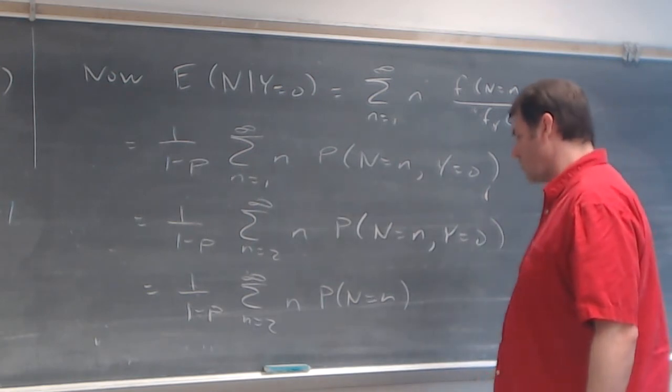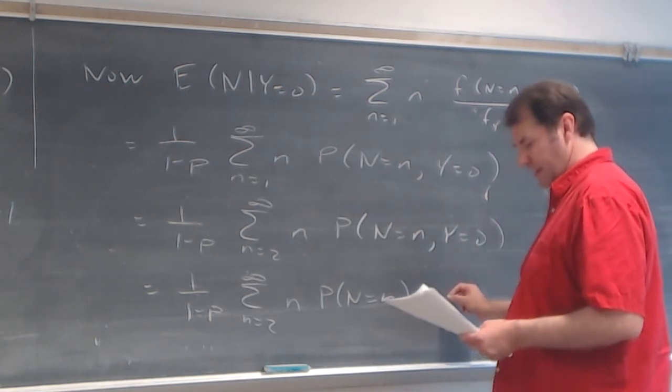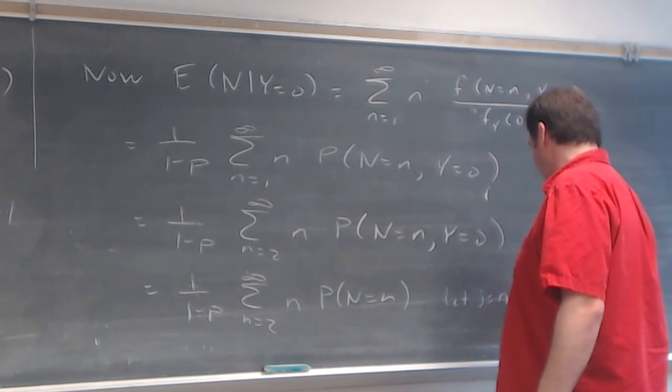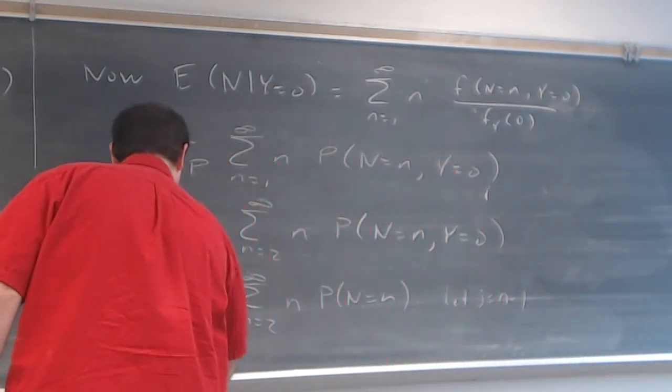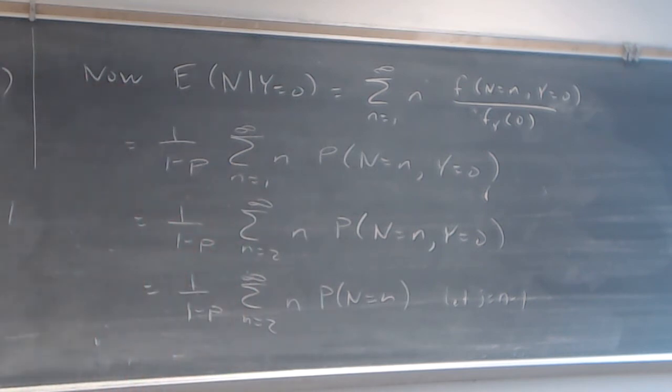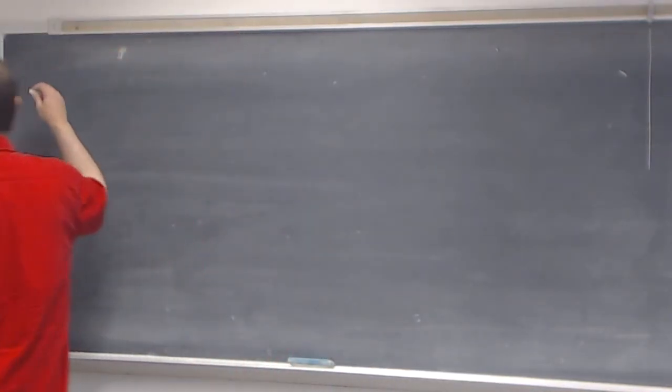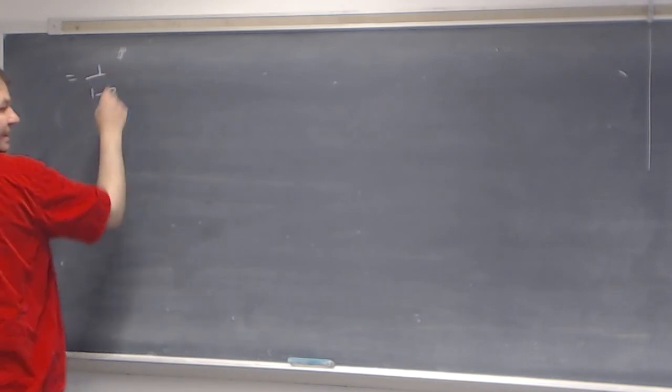Okay, here we can do a change of variable. We can let j equal to n minus 1. When I do, we end up getting 1 over 1 minus p.